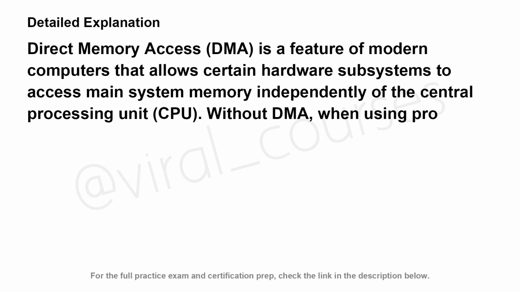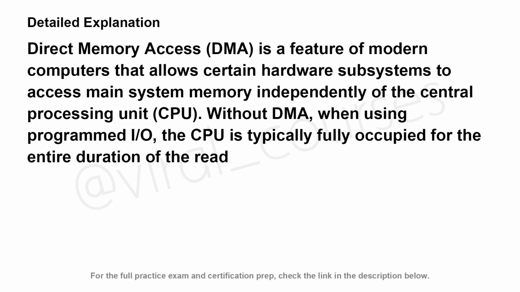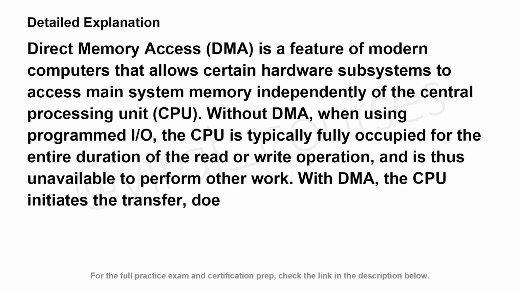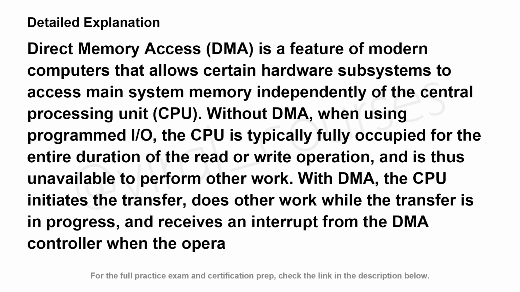Without DMA, when using programmed I/O, the CPU is typically fully occupied for the entire duration of the read or write operation, and is thus unavailable to perform other work. With DMA, the CPU initiates the transfer, does other work while the transfer is in progress, and receives an interrupt from the DMA controller when the operation is done.